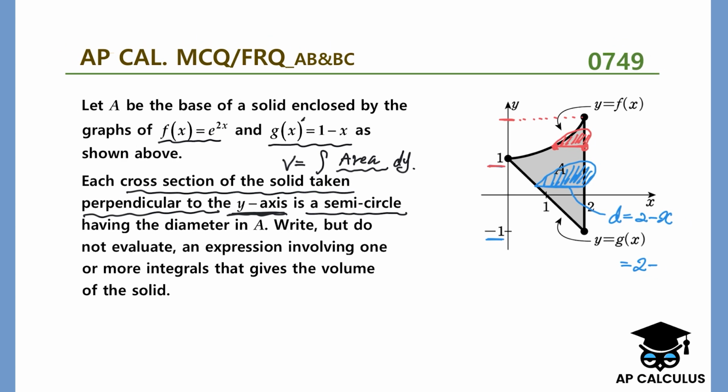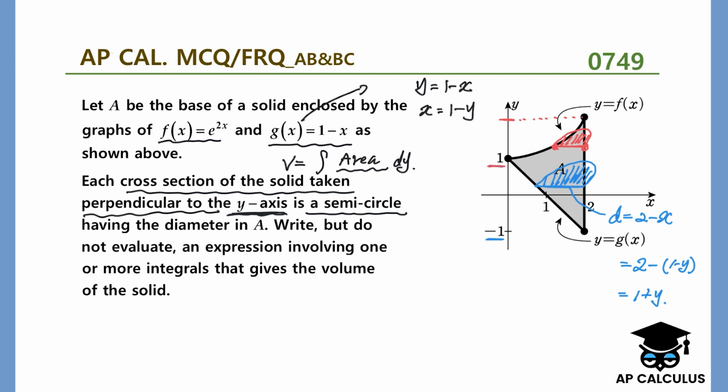Here we have the line y equals 1 minus x, so x is equal to 1 minus y. So we can write 2 minus x, which is 2 minus (1 minus y). If we simplify this, that's going to be 1 plus y.